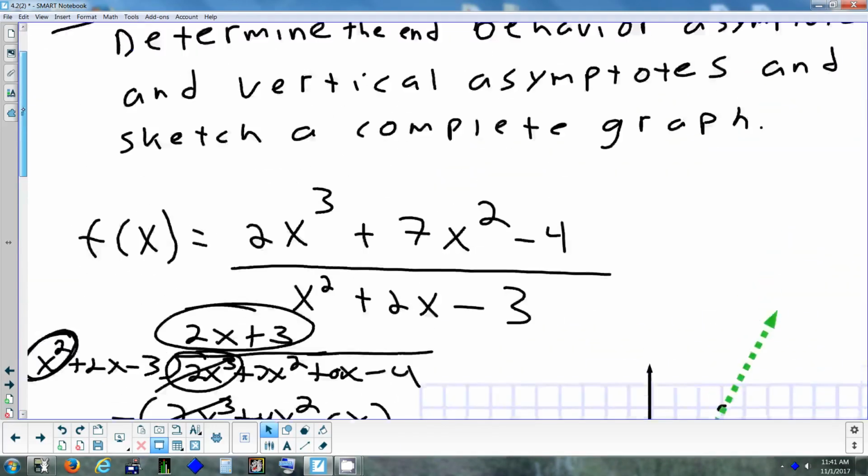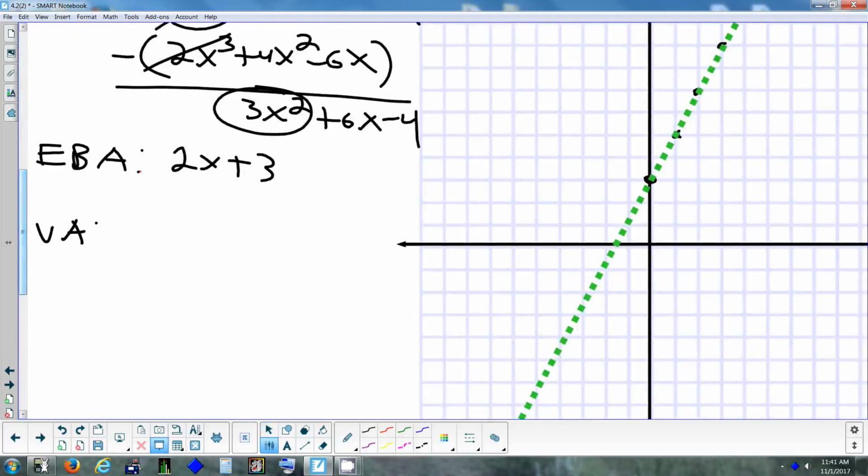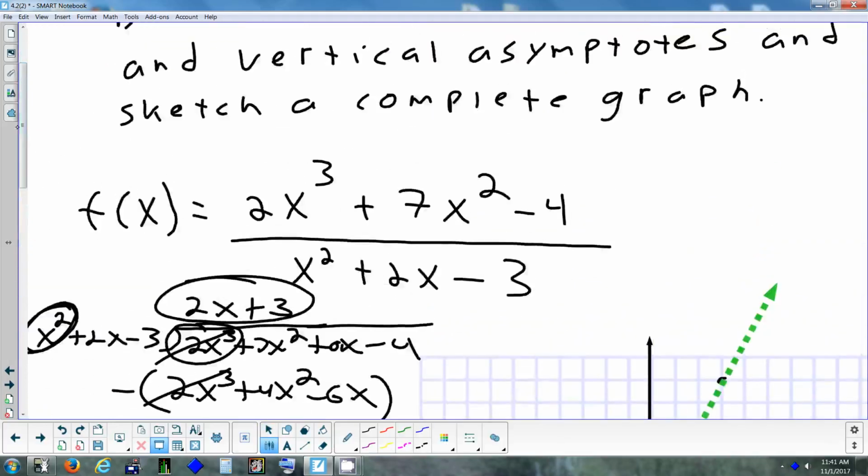All right, what else do they want? Vertical. Okay, how do you find your vertical asymptotes? Vertical asymptotes have to do with what you're not allowed to do in this fraction. So I can do something with the denominator.